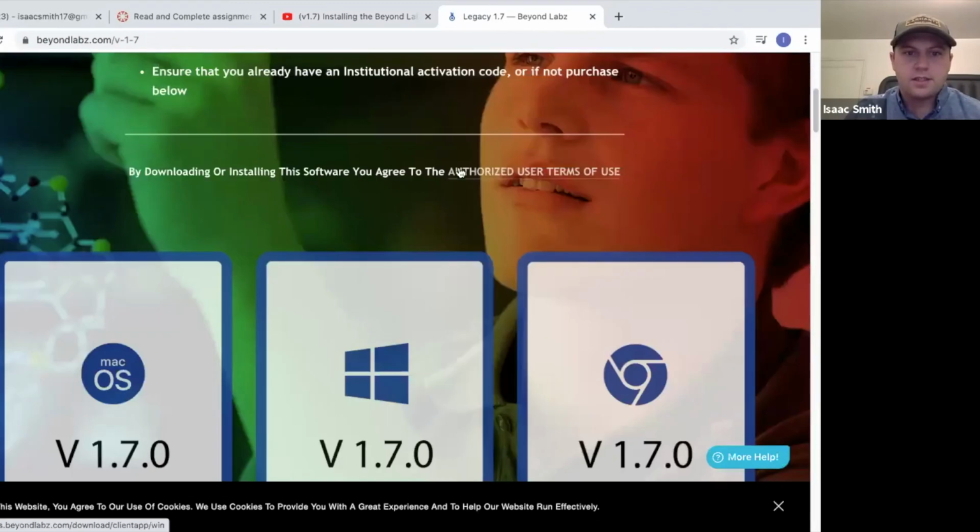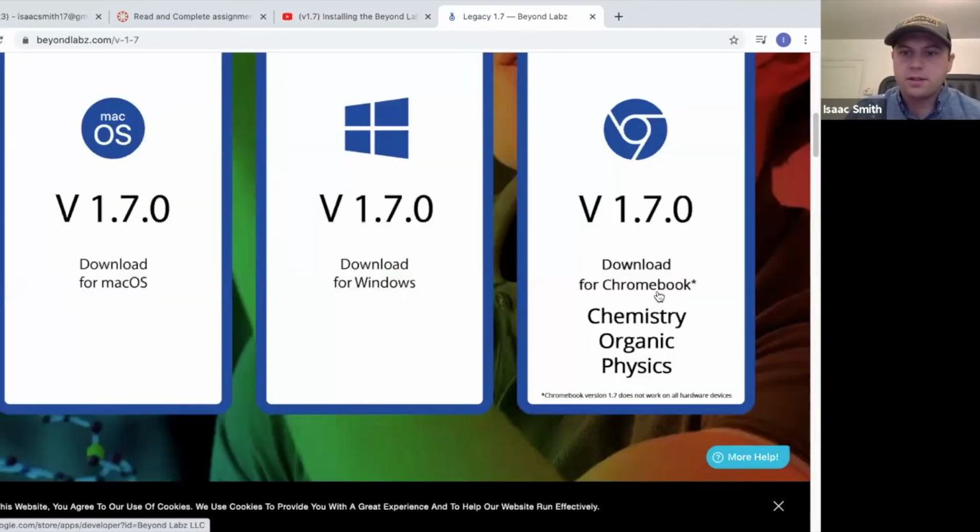Then just choose whatever operating system you're on. Looks like they have added Chromebook. It does not work on all hardware devices, so it may or may not work on Chromebook. I've heard from other instructors that it doesn't really work on Chromebook though.